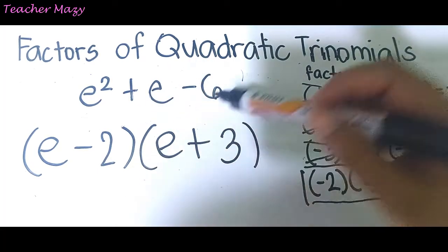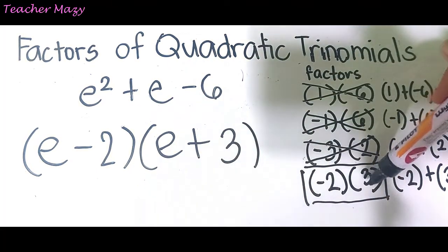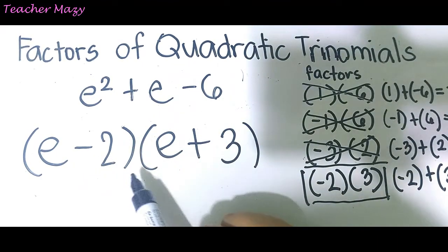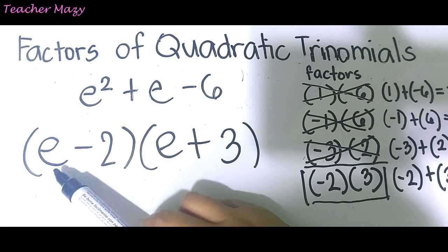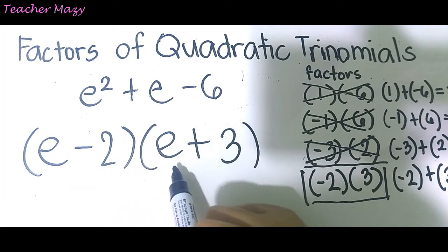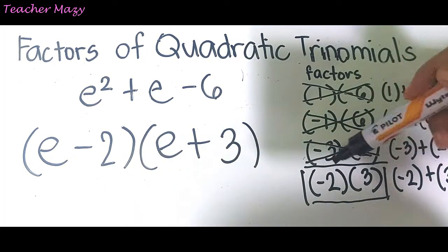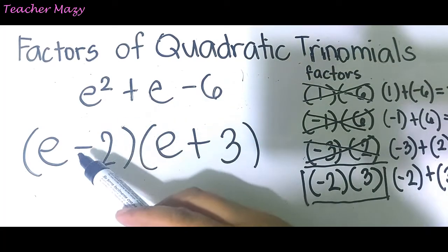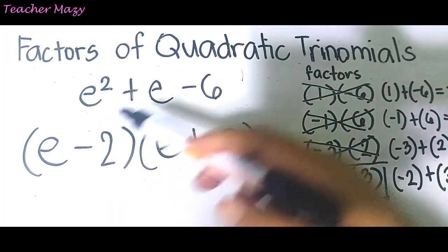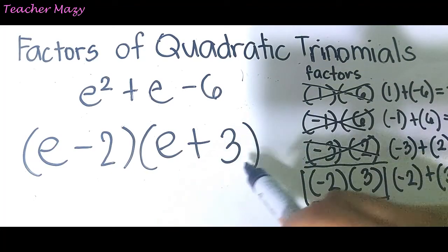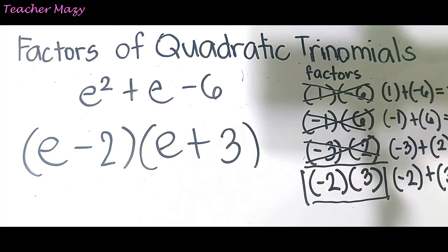After finding it, just use the factors to get the factors of the quadratic trinomial. First, distribute the first term, which is e and e, and then use the factors here. Since this is negative, this is also negative here, and since this is positive, this is also positive. That's how you get the factors of a quadratic trinomial.